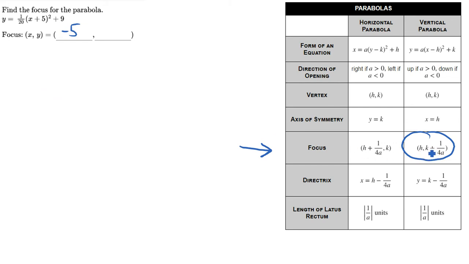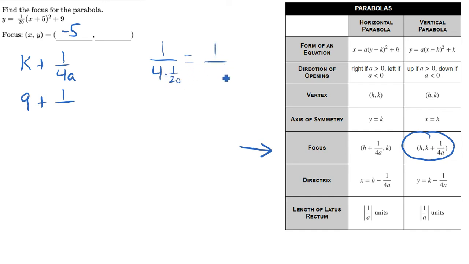And then k plus 1 over 4a. Let's write that here. So k plus 1 over 4a is going to be my y value of the focus. So let's figure that out. k is 9. 1 over, well, what's a? a is 1/20th. So let me do that over here. So 1 over 4 times 1/20th.